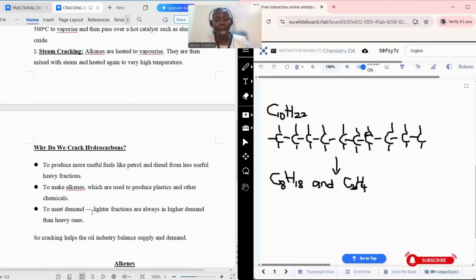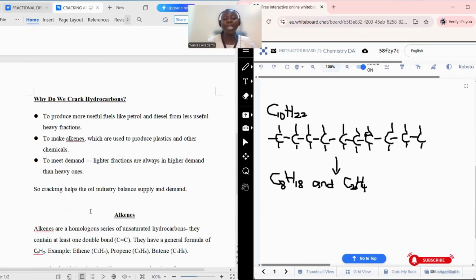Your polythene bags are also gotten from alkenes. So we also crack hydrocarbons to meet demand. As we know, the lighter ones, the shorter alkanes, are more useful. So since they are more useful, they are the ones that are in demand. The lighter fractions are always in demand because they are more useful. So cracking helps the oil industry balance supply and demand.